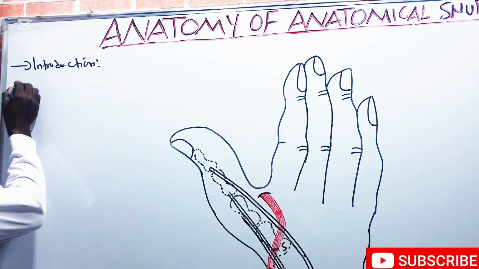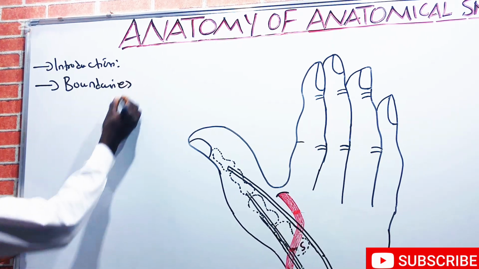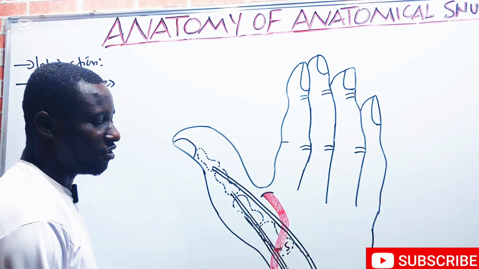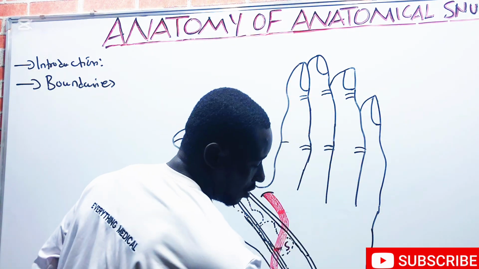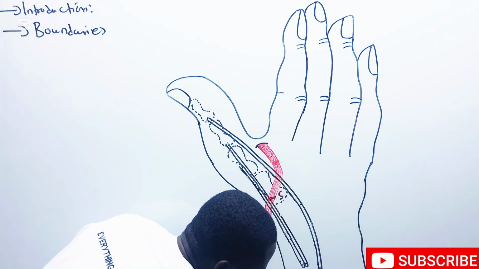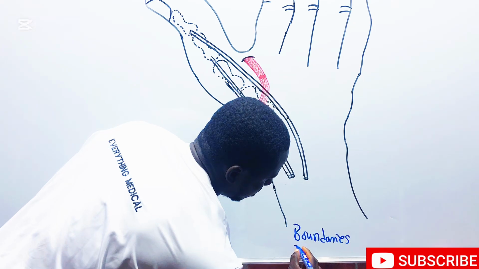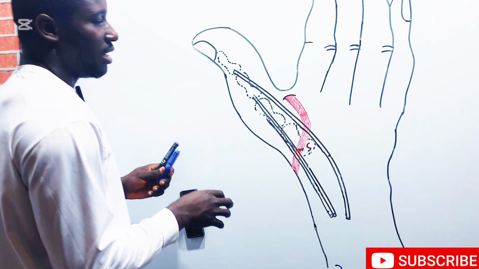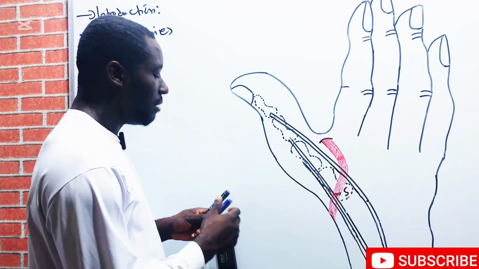The next is the boundaries. This diagram depicts the boundaries of the anatomical snuff box. The radial fossa, which is the anatomical snuff box, has the following boundaries.